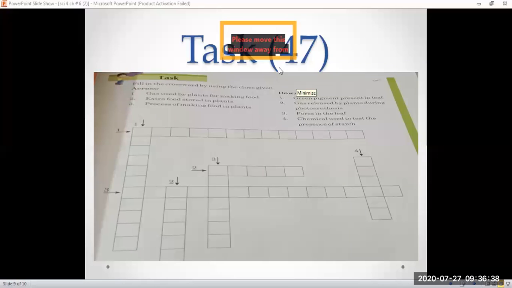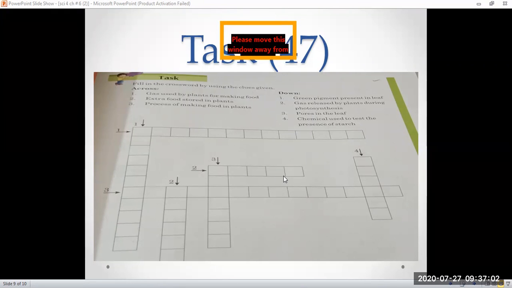Who is going to tell me? Yes, Maisha. No one knows that, students. It's sugar. You are going to write down sugar, S U G A R.